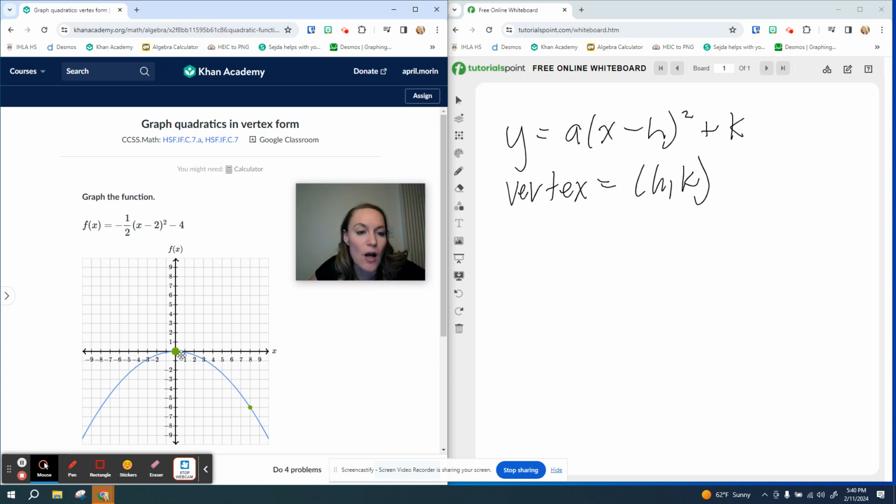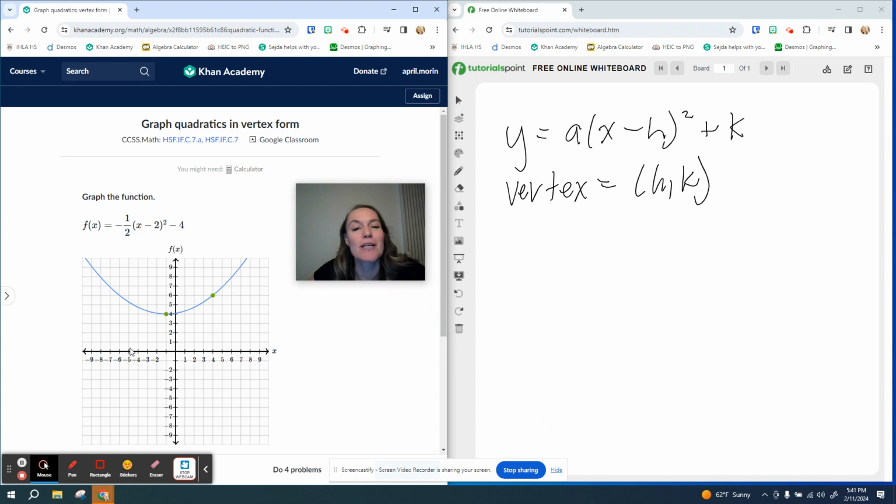With this certain parabola, there are actually no zeros of x. There's not always going to be zeros, because sometimes the parabola is below the x-axis pointing down, or above the x-axis pointing up. So there are actually no zeros.